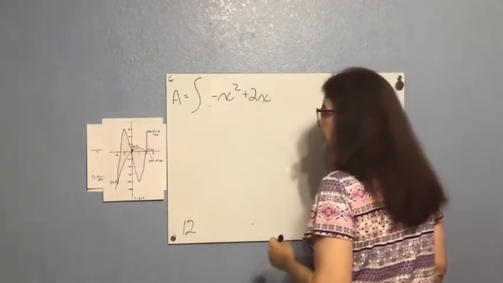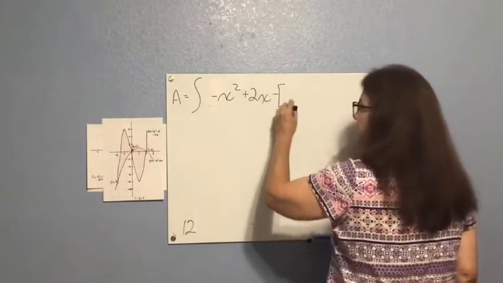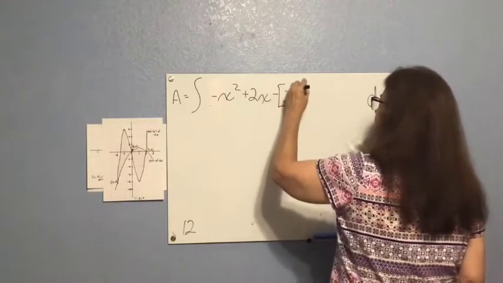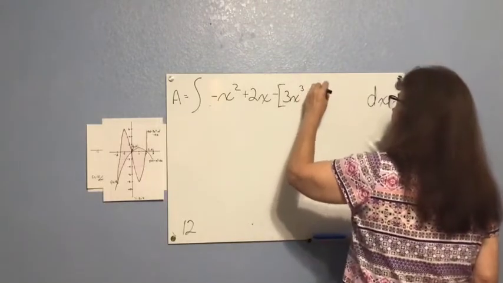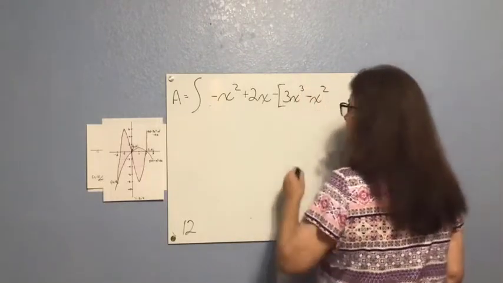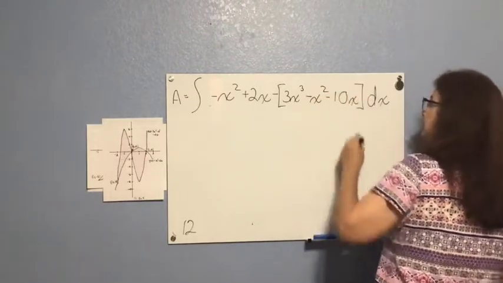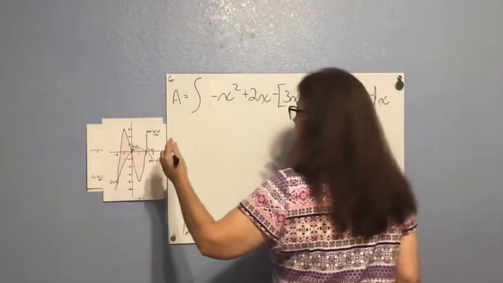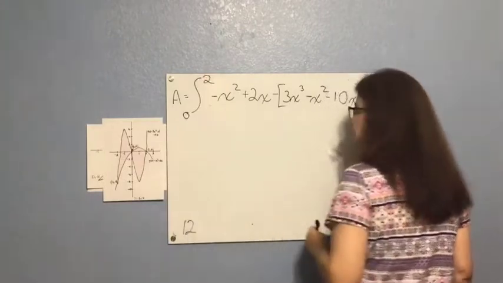And now the cubic function, we're going to subtract 3x cubed minus x squared minus 10x. Okay, and again, this time we're going to go from 0 to positive 2.